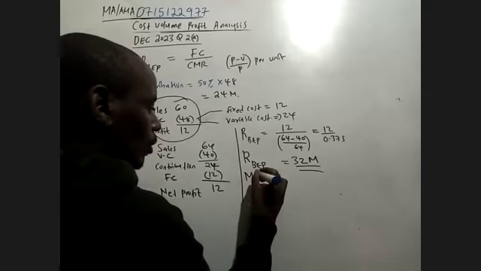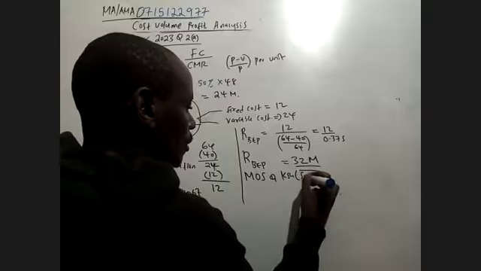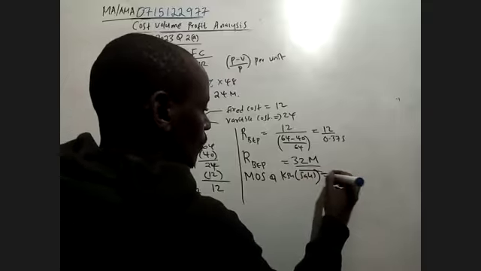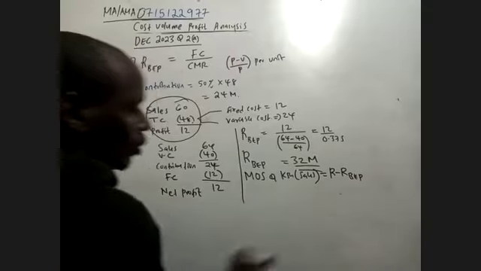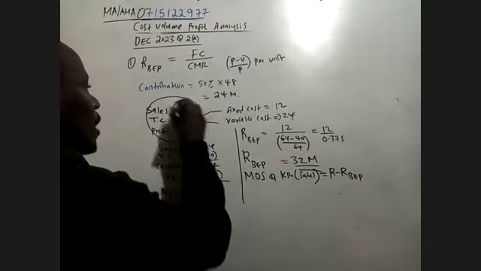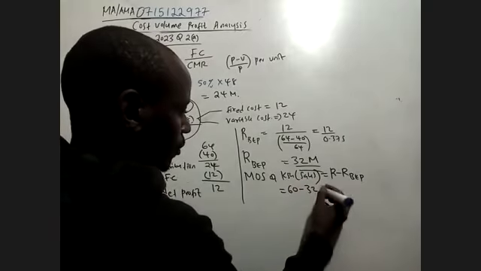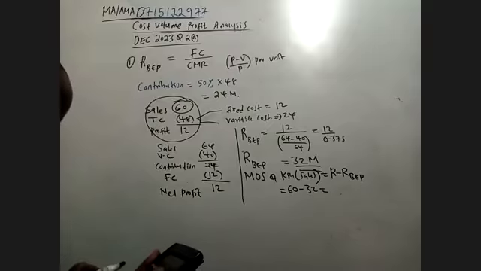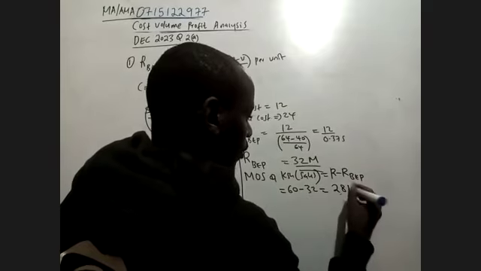Then you see below they ask for the margin of safety in Kenya shillings or in sales. We know it is revenue minus revenue BEP. What's our revenue? Here it is 60 minus 32. So 60 minus 32, which is 28 million.